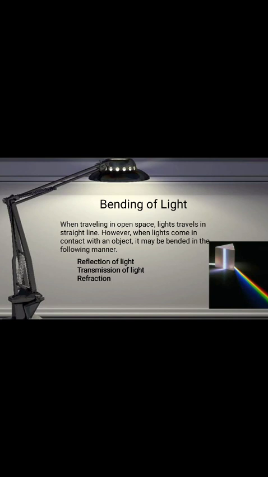If the object under consideration is transparent, the vibrations of the electrons are passed on to neighboring atoms and are re-emitted from the opposite side of the object. In such cases, the light is said to be transmitted.